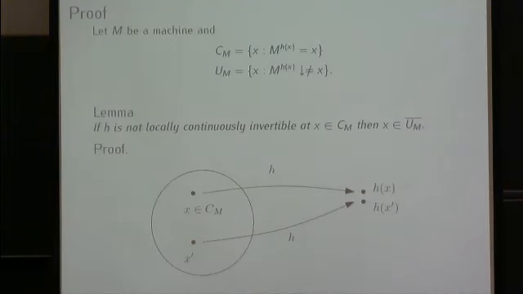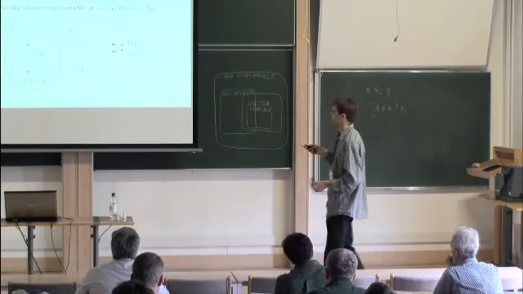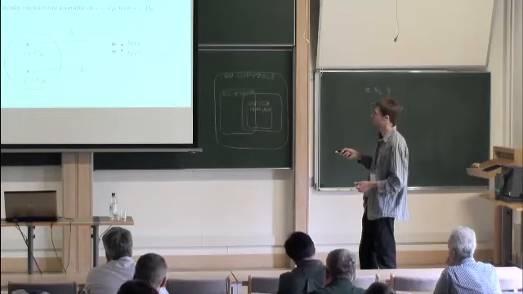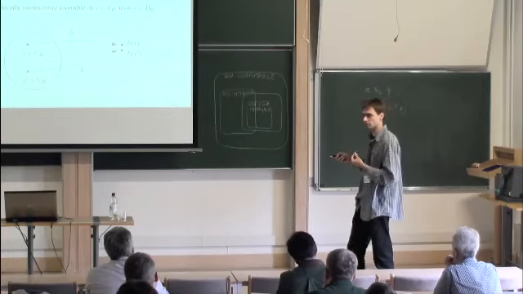So x prime is in U_M. Okay, you can discover one day that M does not compute x prime from this. So yeah, this is okay. So now if x is one generic, then it cannot be like that. So it is not in C_M, and then the function is not computably invertible at that point.